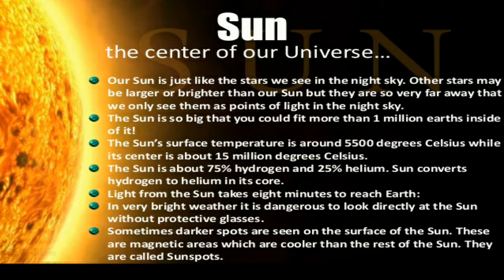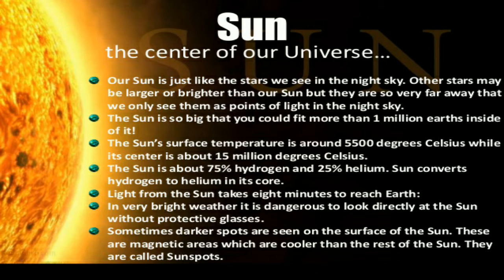The sun is about 75% hydrogen and 25% helium, and the sun converts hydrogen to helium in its core.